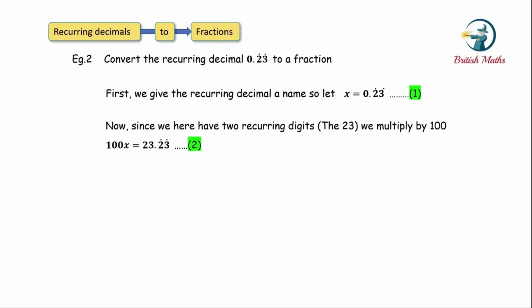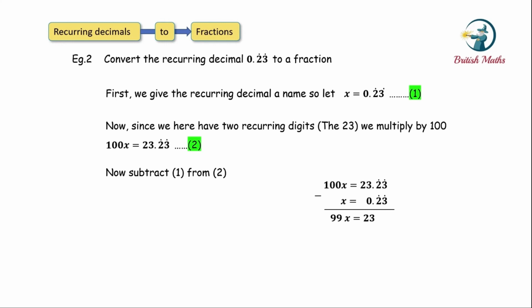Yes, it does. So what's the coming step? As we did before, we subtract 1 from 2. So 100x equals 23.23 recurring, and then we subtract x equals 0.23 recurring. So what do we get? On the left we get 99x, on the right only the 23.